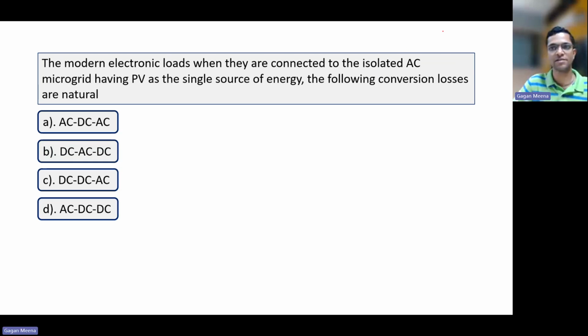Okay. Next question is, when modern electronic loads are connected to an isolated AC microgrid having PV as a single source of energy. The loads are modern electronic loads, which require DC supply.